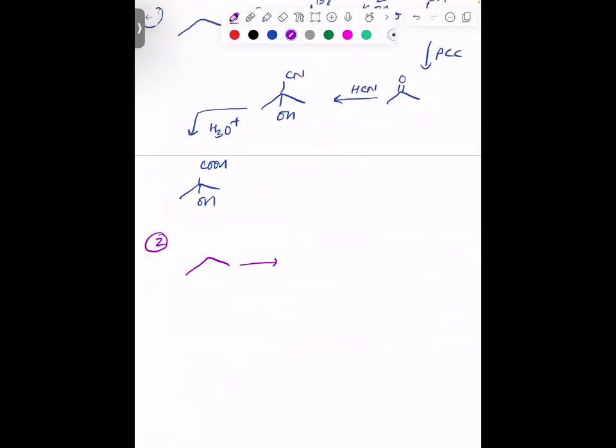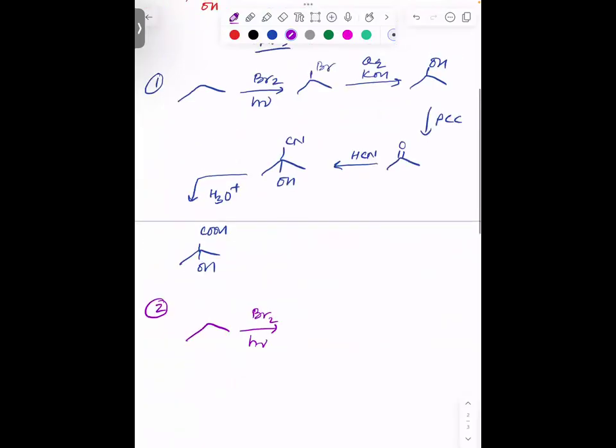First the same bromination. So from bromination we'll get 2-bromopropane. At the terminal position, we have to follow the method that is the elimination followed by addition of hydrogen bromide in peroxide.